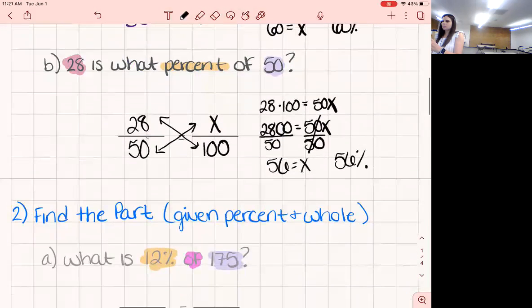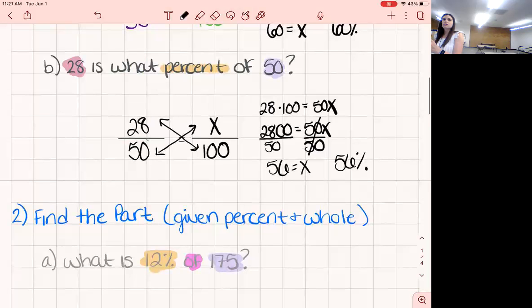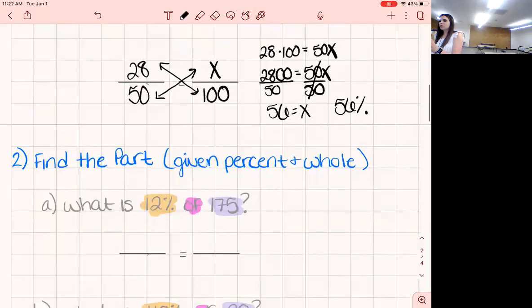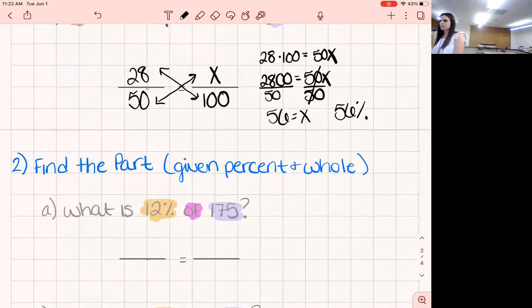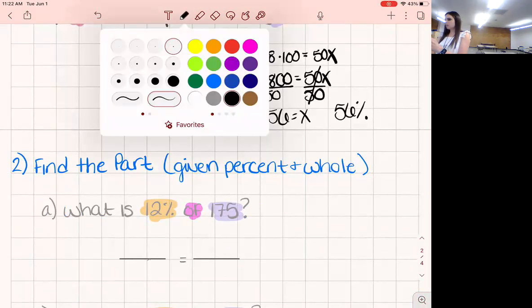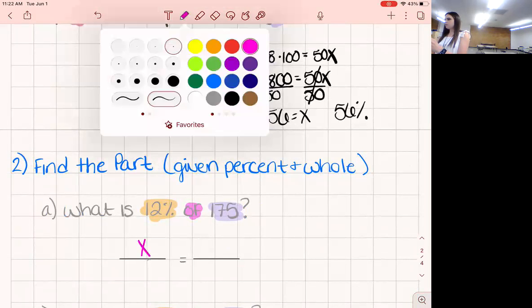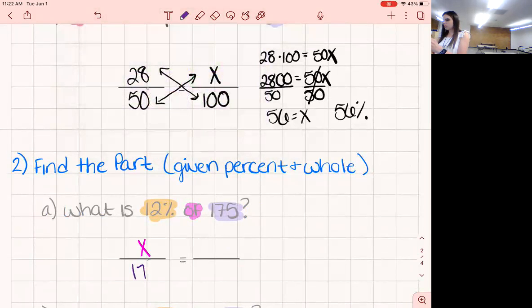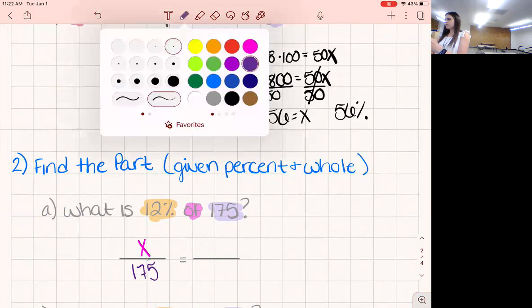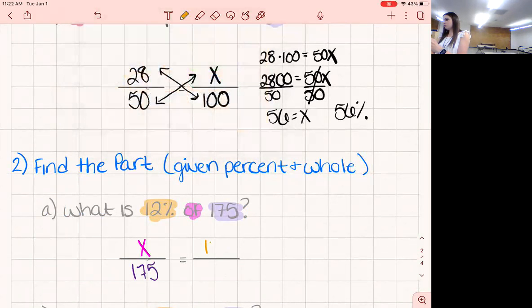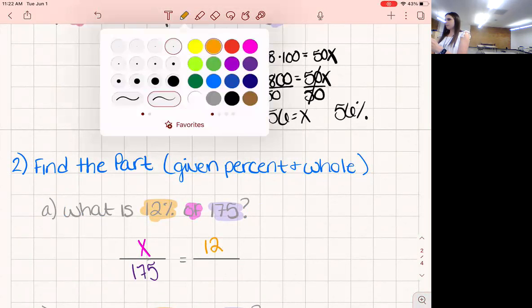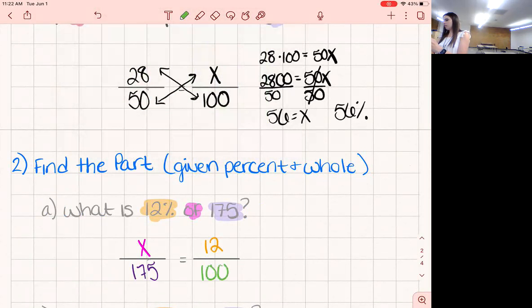You might also get a problem that says find the part. So pause and copy. When we want to find the part, it's going to look like this. What is 12% of 175? This time I don't know the part. I do know that the whole is 175. The percent is 12. And my bottom number is always 100.